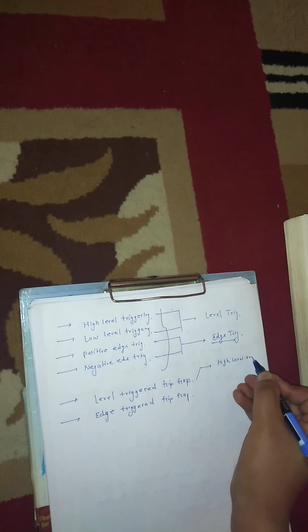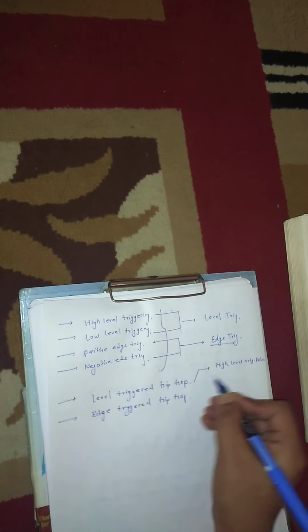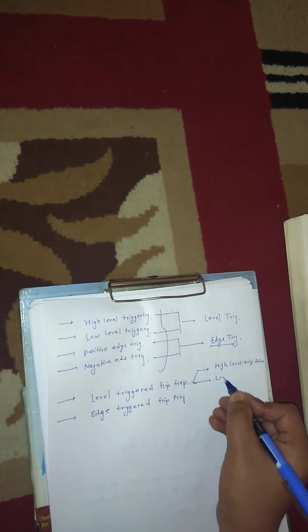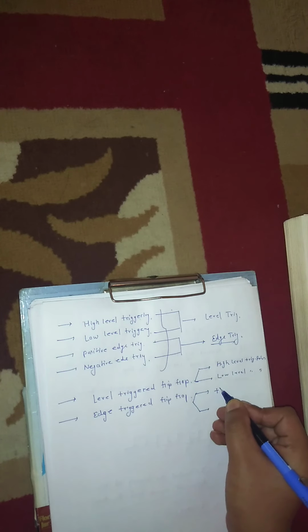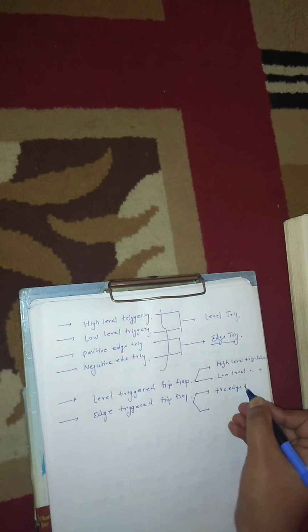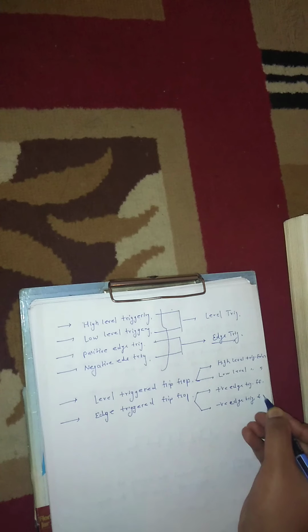If we extend the classification, the level triggered flip-flop is a high level triggered flip-flop or a low level triggered flip-flop. And we further classify the edge triggered flip-flop as a positive edge triggered flip-flop or a negative edge triggered flip-flop.